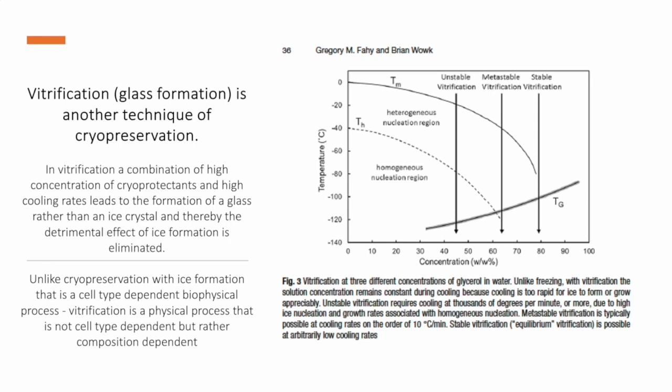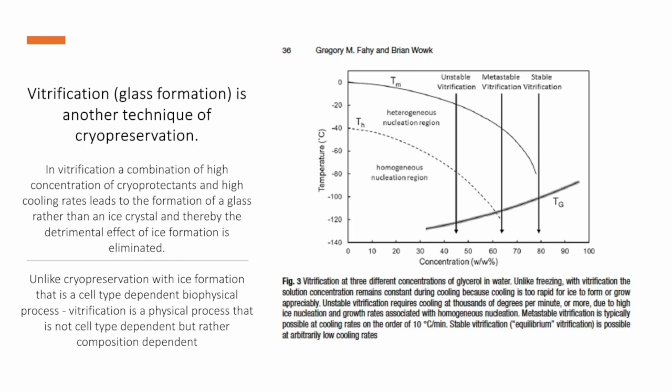For this, you need thousands of degrees centigrade per minute. Now, heat transfer is a time-dependent process. You've seen the equations for heat transfer for phase transformation. So you can really do it only with extremely small volumes, and that's one area of research in which people work on vitrification with very small volumes.